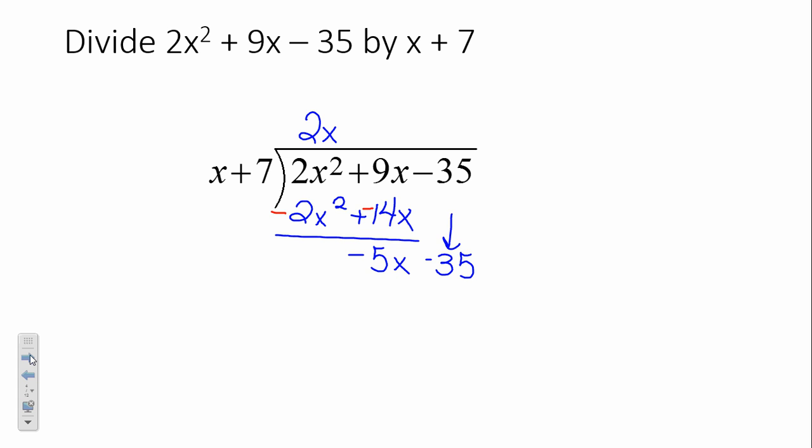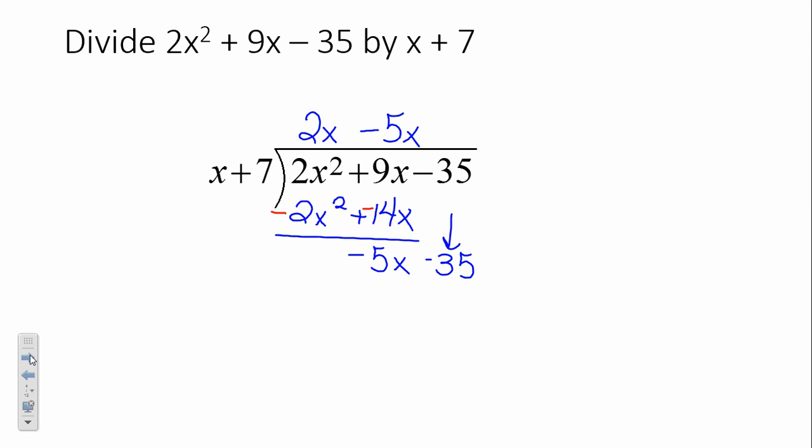Okay. Laura, what's the next step? Before we can change the signs, we have to have something to put beneath it. What do we need to multiply x by to get a negative 5x? Not positive 5, but negative 5. We want to make it match exactly.